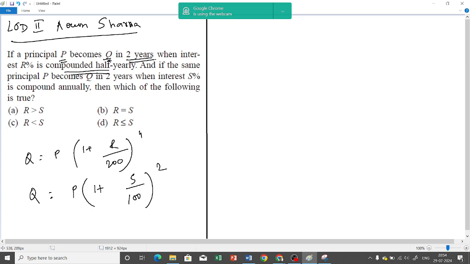In 2 years you are getting 4 interest periods. Then P is becoming Q.